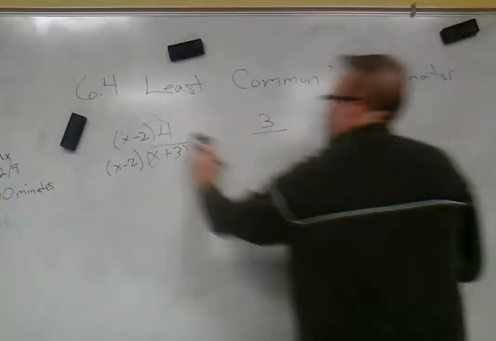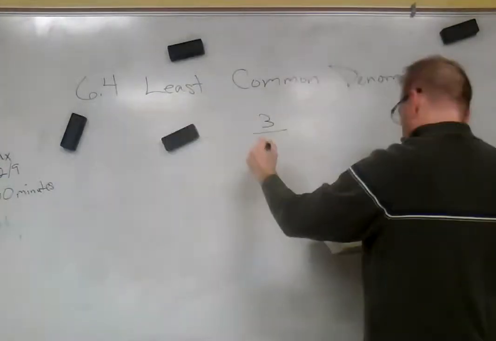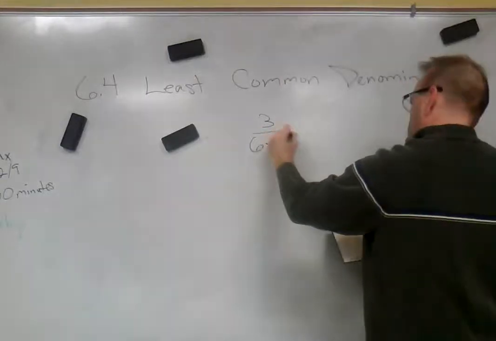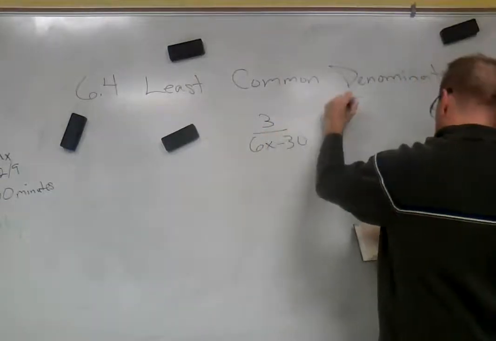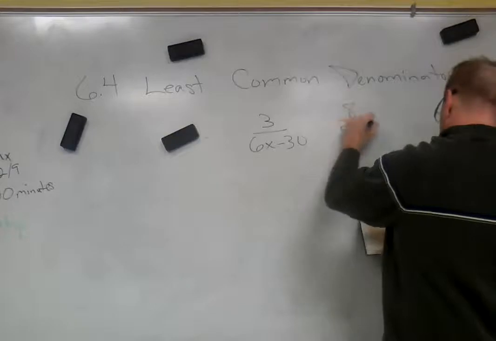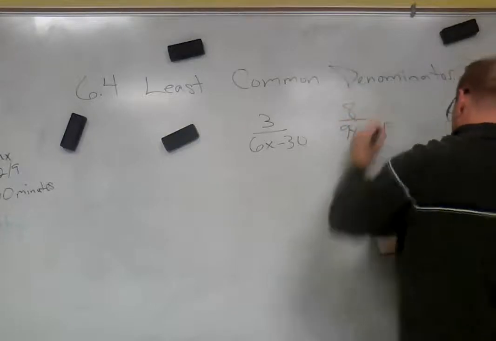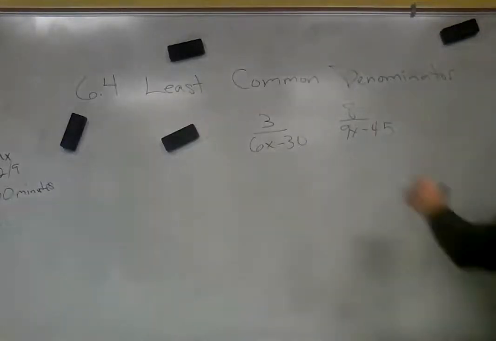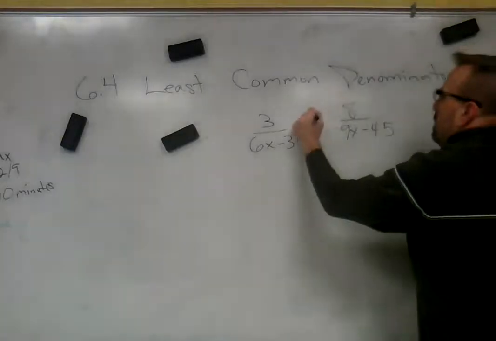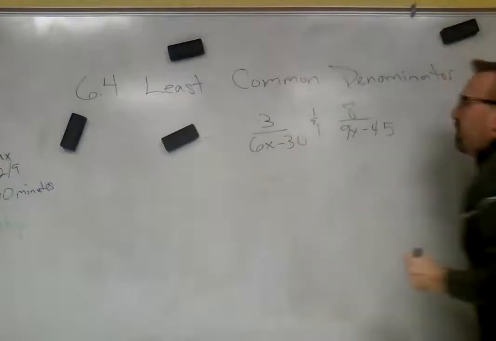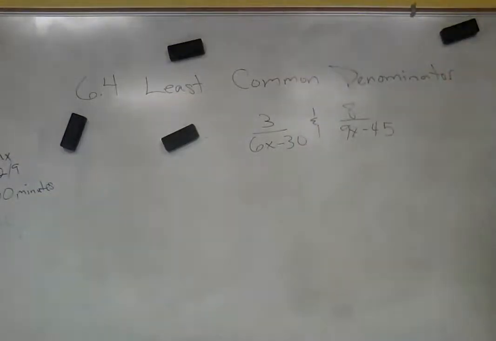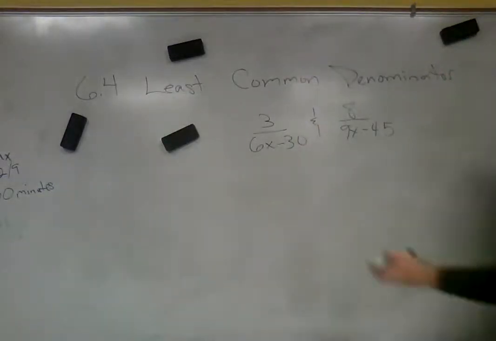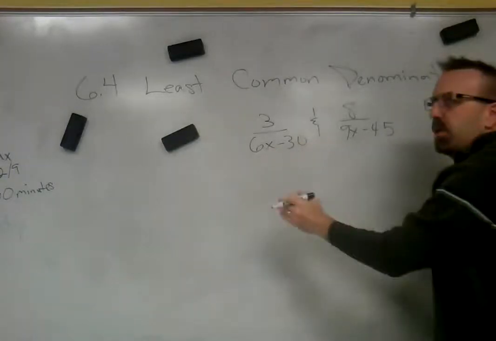Erase the whole thing. Now we're going to give you two fractions, and we want to figure out what the least common denominator is going to be. So let's just say there's an and in there. First thing we need to do in order to find the least common denominator is simplify down our denominators.